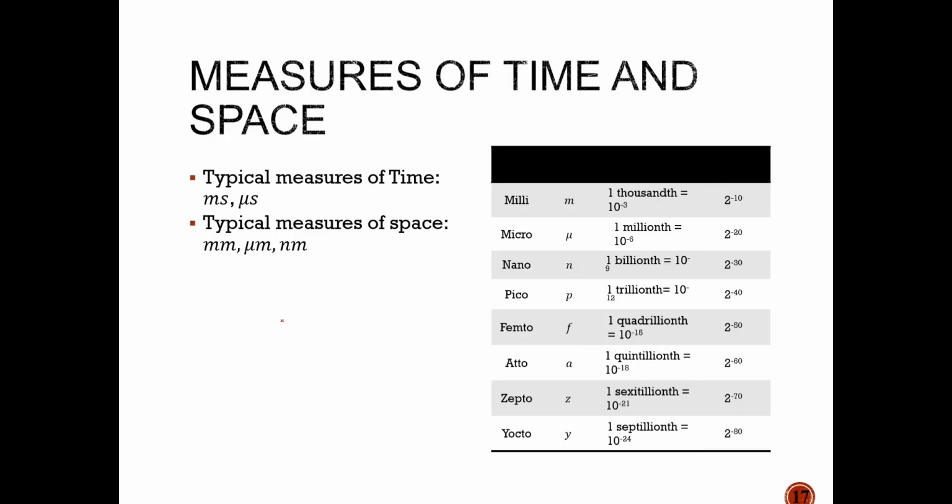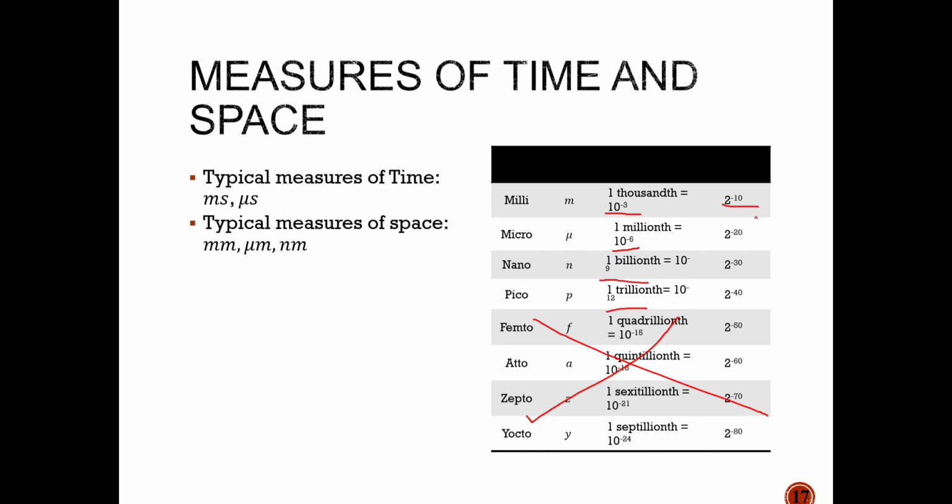All right, so here are the measures of time and space. Typical measures of time and space: milliseconds, microseconds, nanoseconds, pico. You don't really have to go to these; they're just showing you more. So milli is 10 to the third, micro is 10 to the sixth, nano is 10 to the ninth, pico is 10 to the 12th.